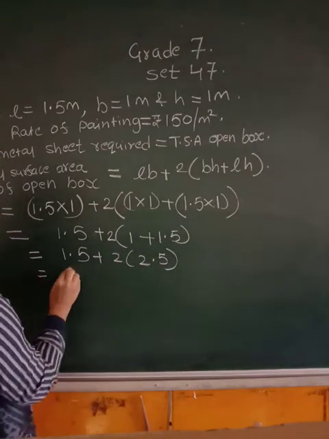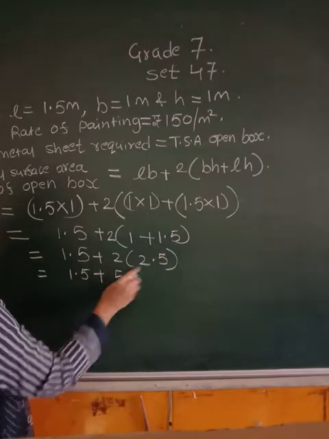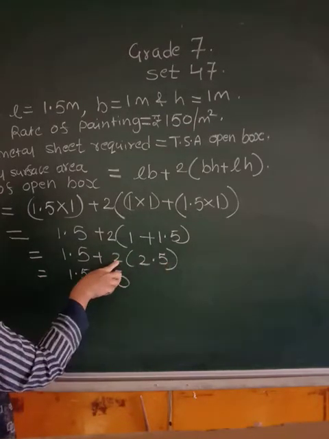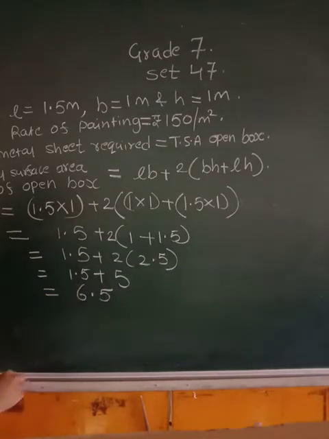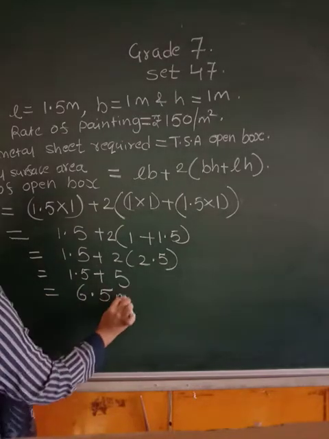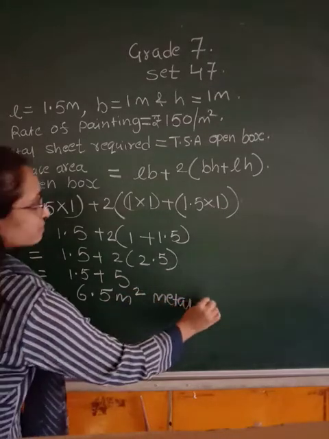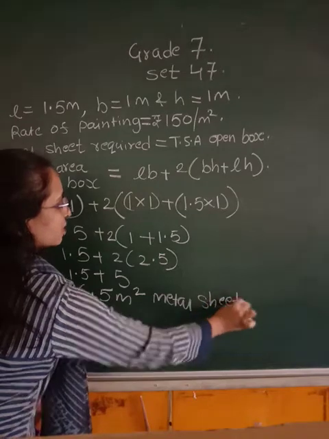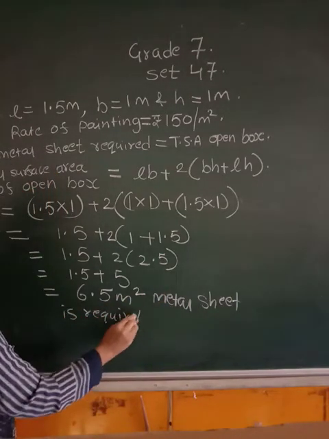So this will be 1.5 plus 2 into 2.5, which is 5. So this comes out to be 6.5. So 6.5 meter square of metal sheet is required.